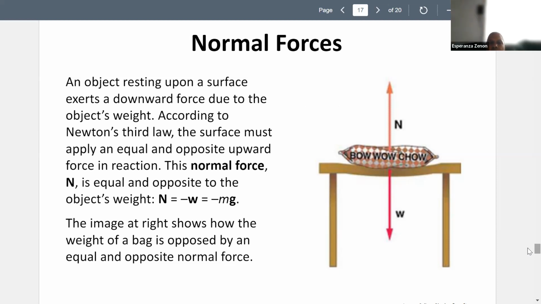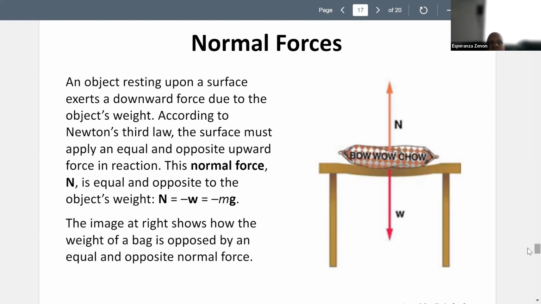So you fall through. Now you have to be careful here, because we might be tempted to think that these are equal and opposite according to Newton's third law. But the weight of the object is gravity pulling on the bag, and the normal force is the table pushing up on the bag. If those things are balanced, then the object is not going to accelerate.